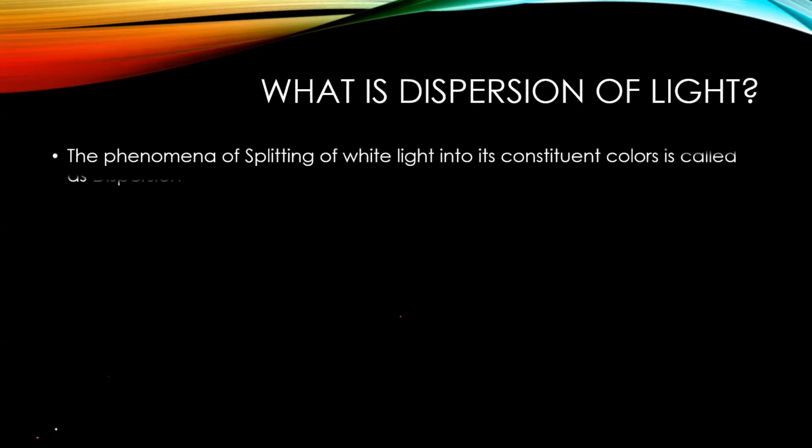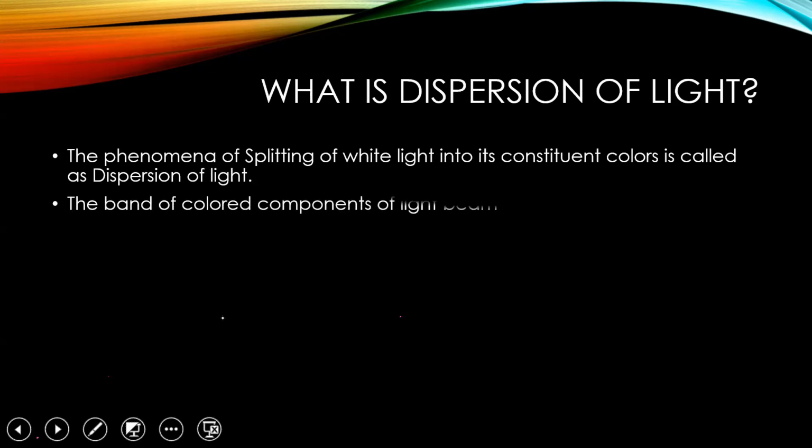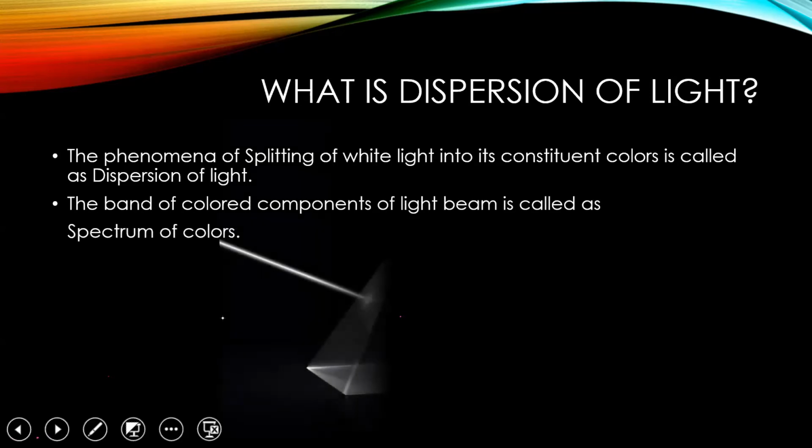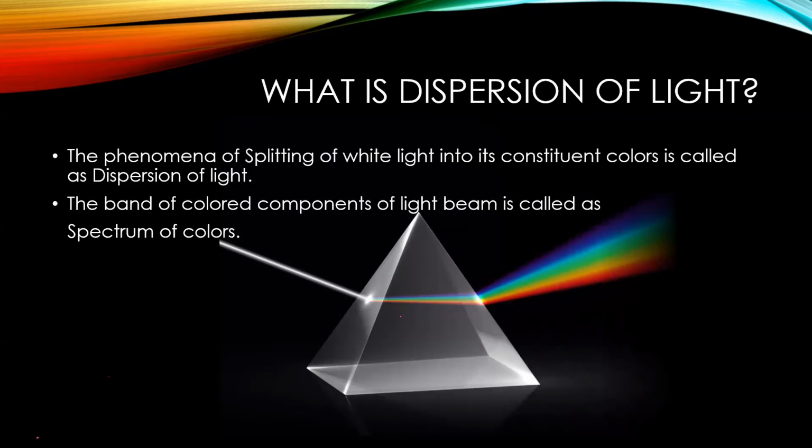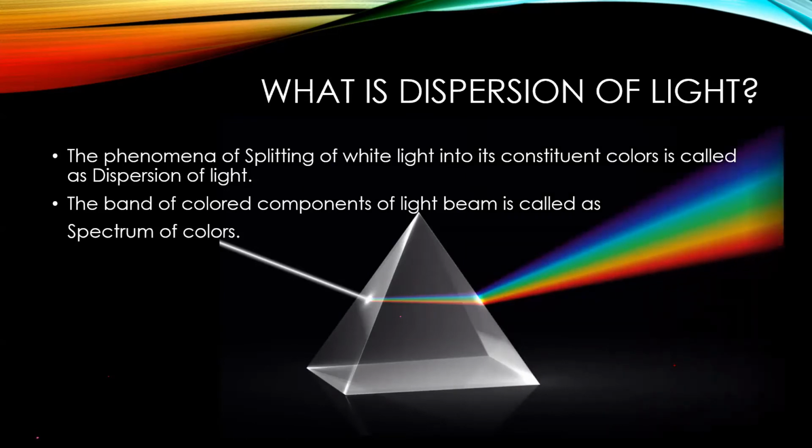The band of colored components of a light beam is called the spectrum of colors. So if you can see this band of seven colors over here, this band of seven colors is called the spectrum of colors, right?